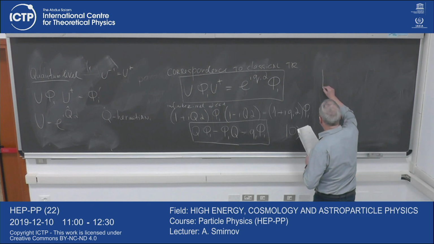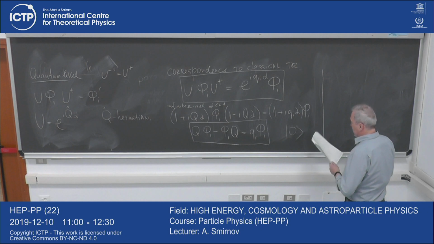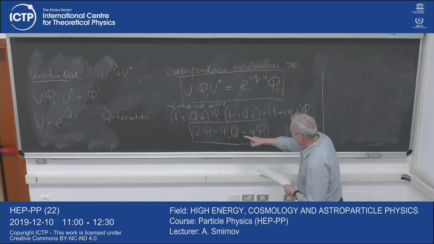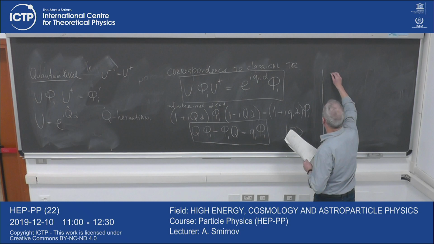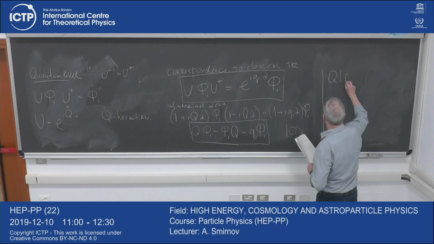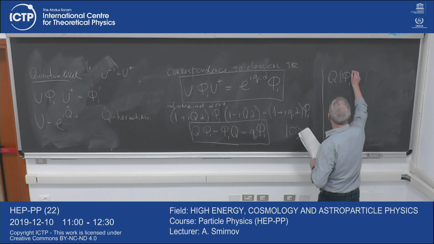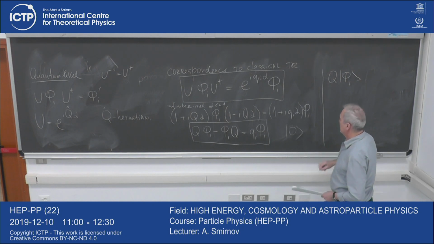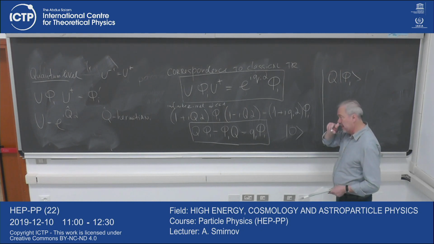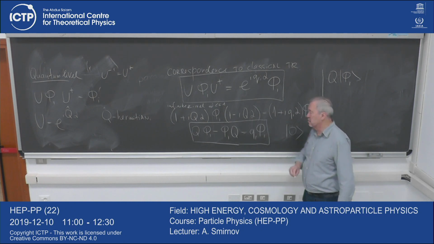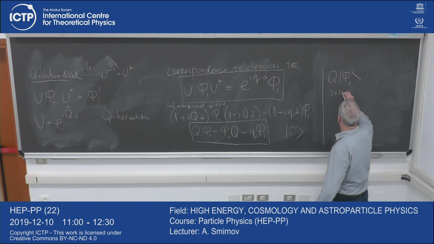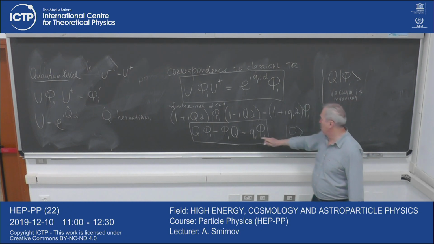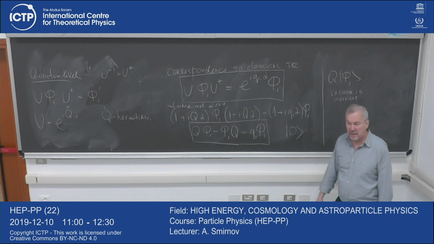The first term gives me q phi_i. Now for the second term, I assume that the vacuum is invariant under transformation Q, and therefore acting by Q onto the vacuum, I get 0.